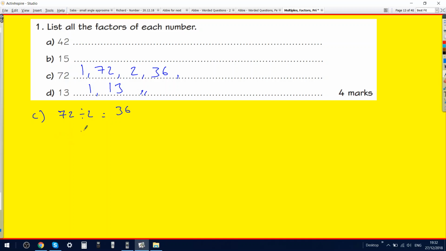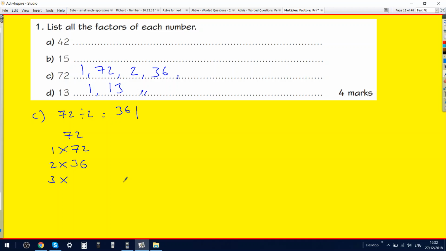So when you're doing this, the way I would do it is do them in order. So 72, it's 1 times 72. It's 2 times 36. So the next thing I would try is 3 times something. So 3 times... to make 72?